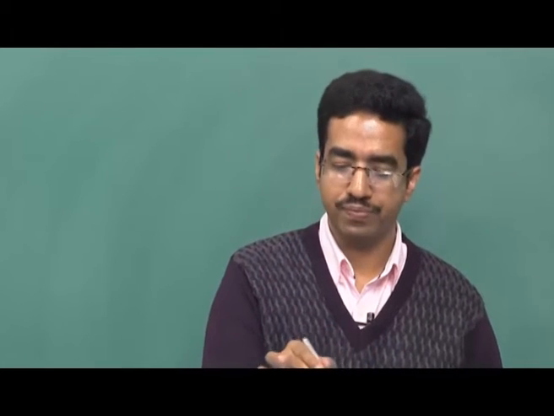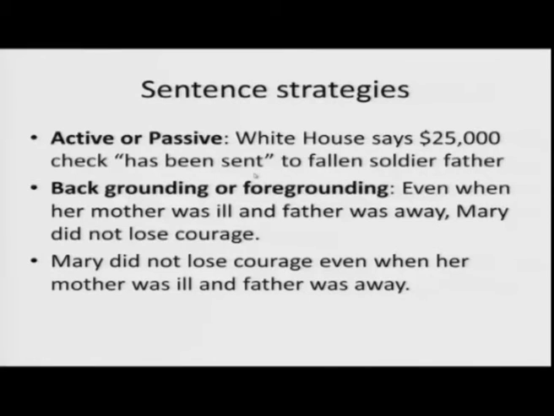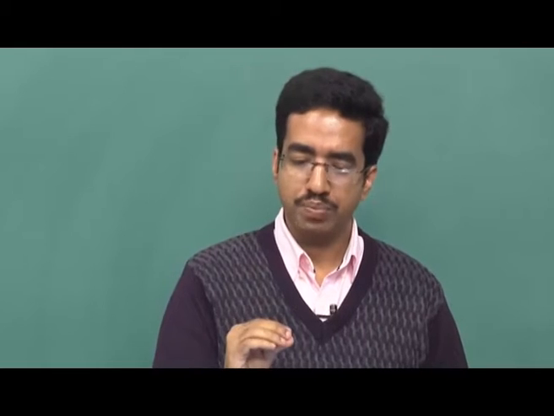Then the government issues a clarification. So, there comes this structure. So, by using passive, the agent is purposefully hidden. Who has sent? So, that point is purposefully here not given. So, by using passive voice, you are clearly saying something.